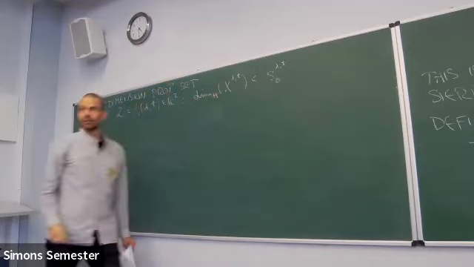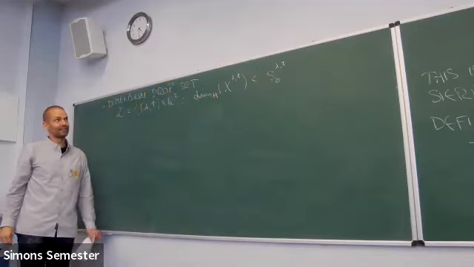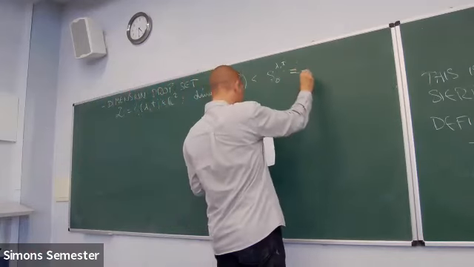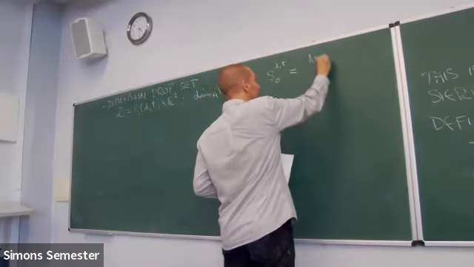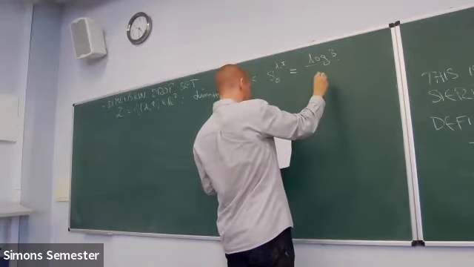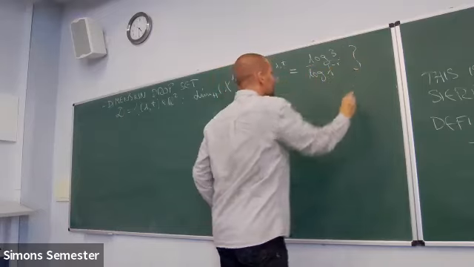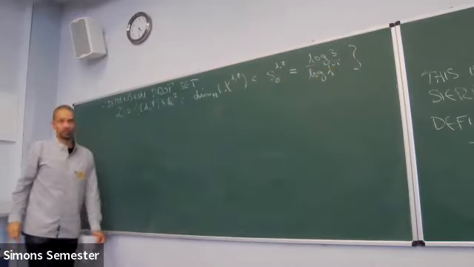This s naught is also associated to these parameters, and it can actually be calculated here. So it's log 3 over log lambda inverse.